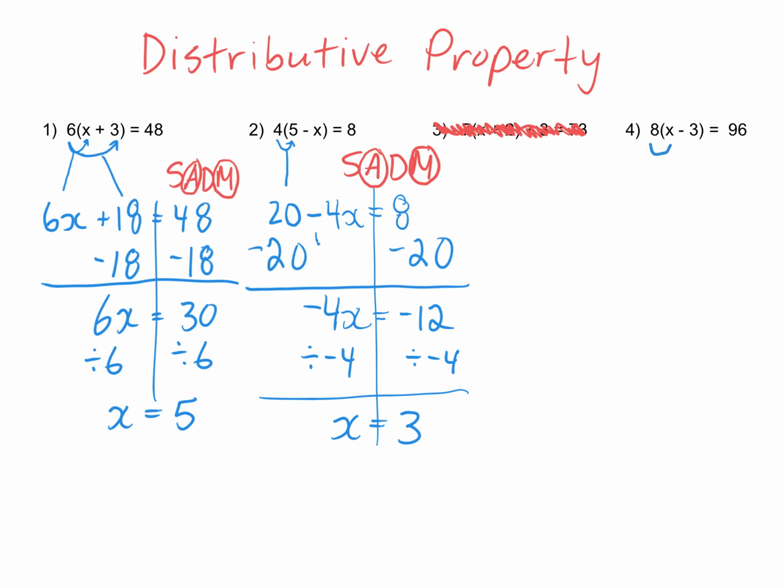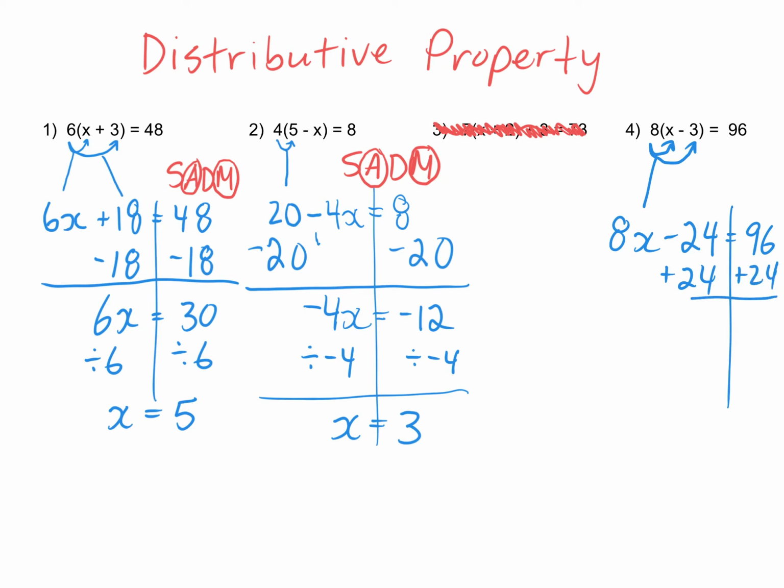Distribute: 8 times x is 8x. And 8 times negative 3 is negative 24. And that equals 96. We're going to add 24 to both sides. We've got 8x equals 120.